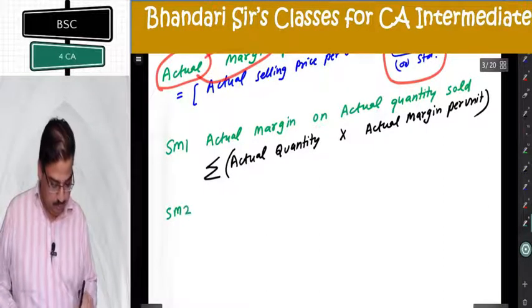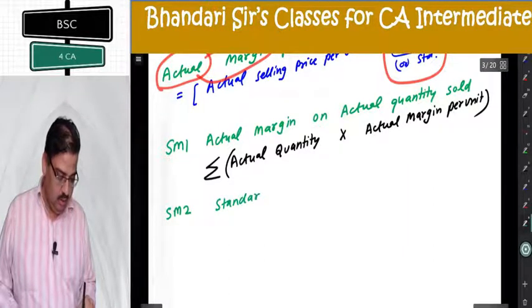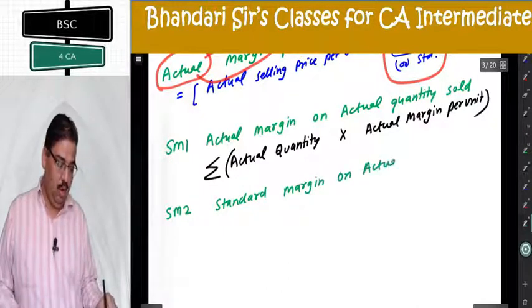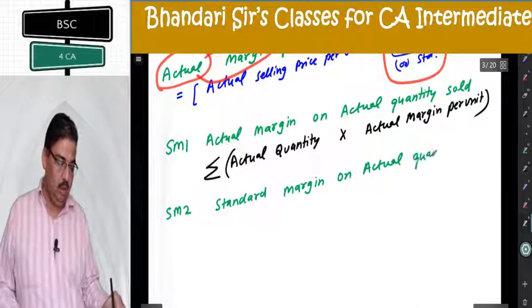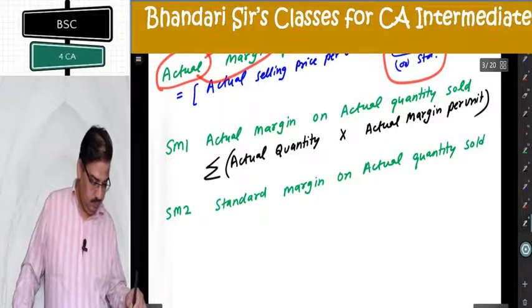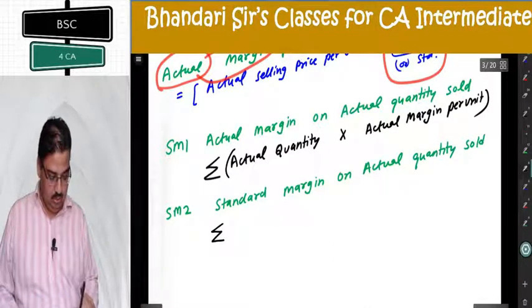SM2, standard margin on actual quantity sold.